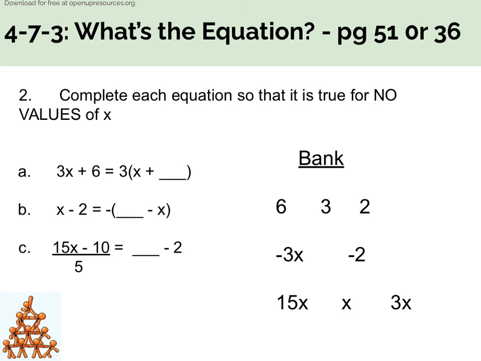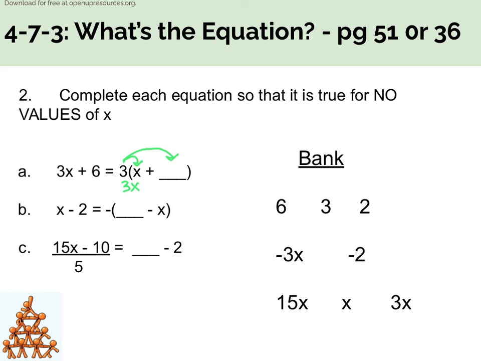All right, so let's look at A. If we're looking at A, we have 3 times x. So we have 3x. So notice again, I need a 3x on the left-hand side, a 3x on the right-hand side, but the number stuff needs to be different to make it false. So what can I put in there?